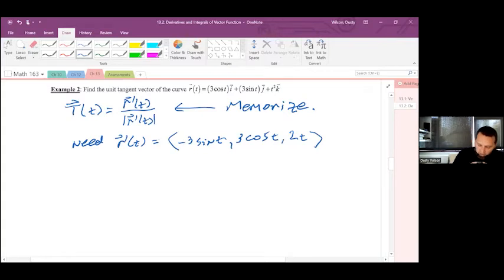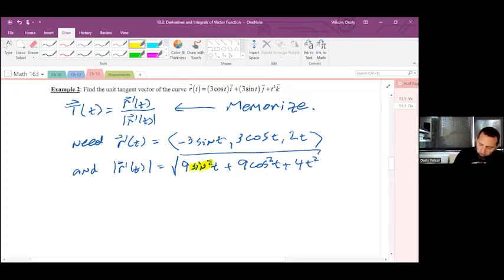And the magnitude of this quantity is the square root of 9 sine squared t plus 9 cosine squared t plus 4t squared.